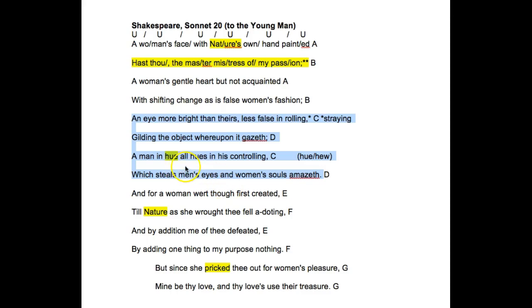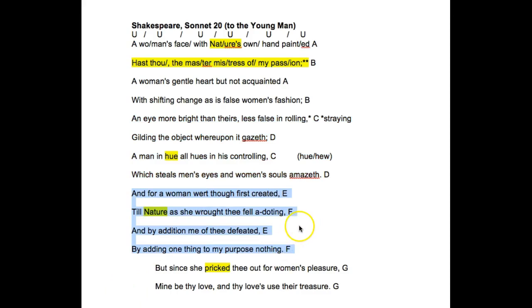But the idea that he has all hues in his controlling, I think Shakespeare's playing on the homonym word hue, H-E-W, which means to cut primarily, but again, the secondary form of the word is to conform or adhere to, which suggests a kind of performance, right? So all hues in his controlling. And so maybe what Shakespeare is saying here is that he has the ability to perform gender, right? To be male or female in aspect.